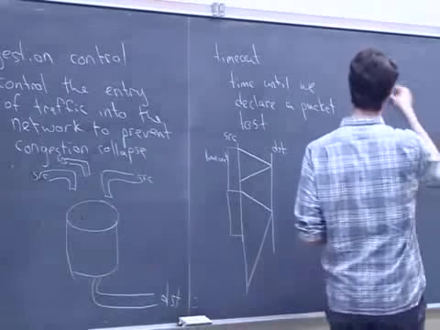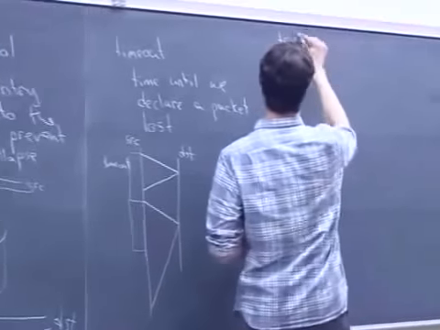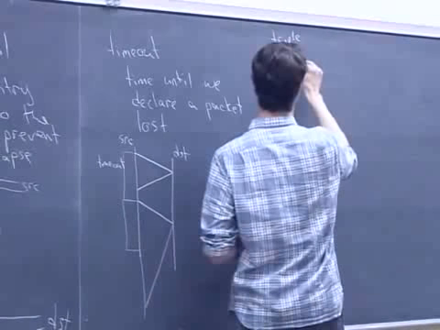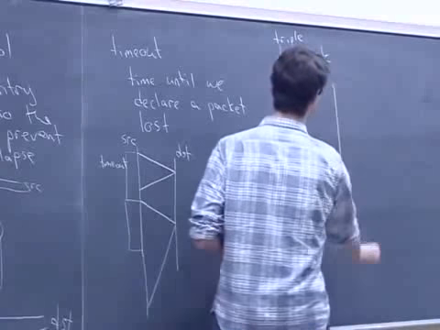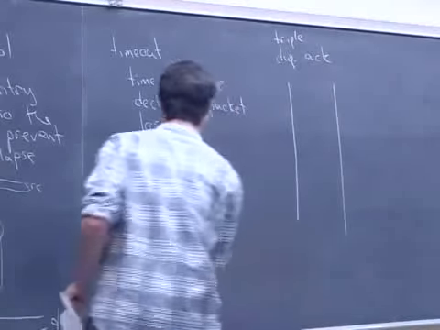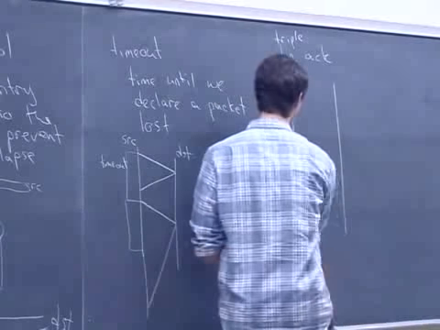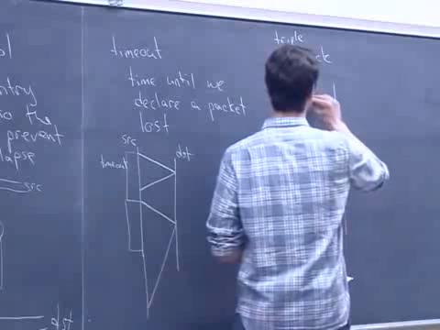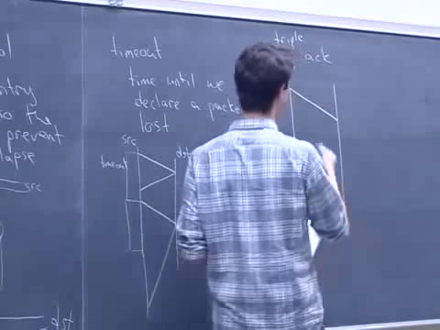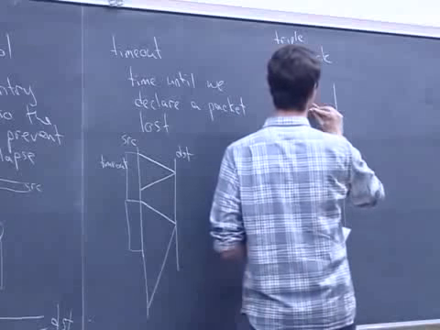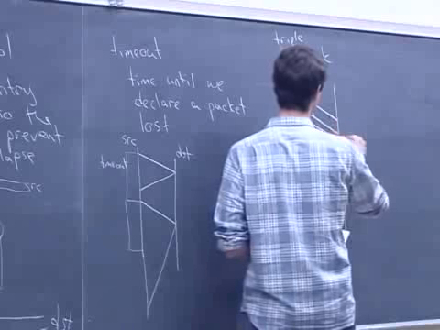Then the other way we can detect loss is with the triple duplicate ACK. I'll just represent this visually. What we have in this situation is a window size that's at least 4 packets large, and we'll assume that this second packet was lost.